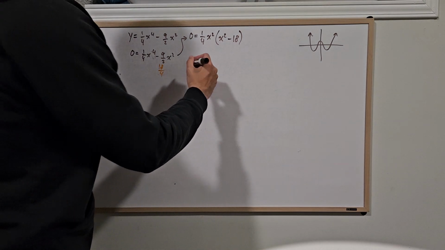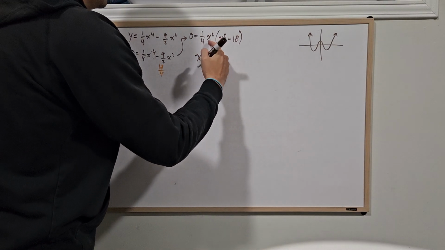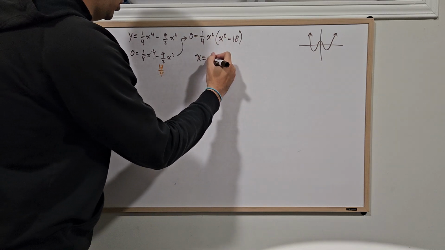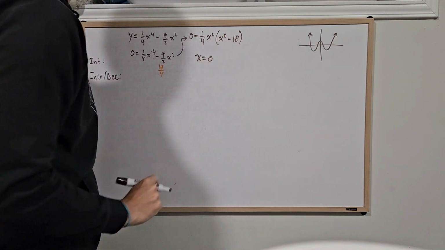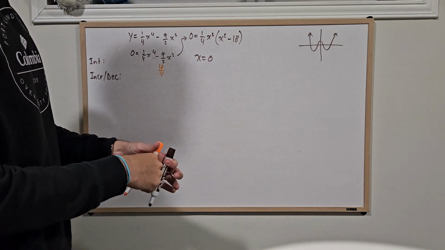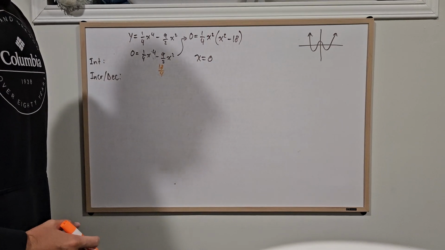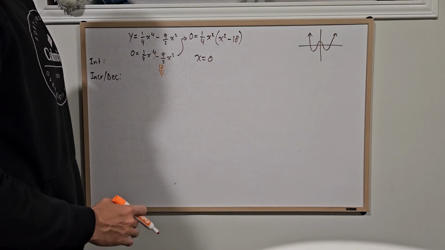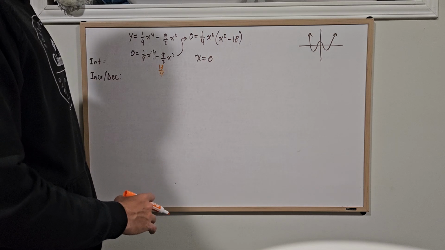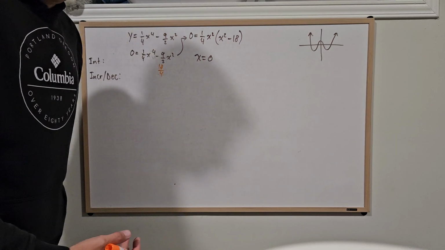Now, we have some zeros that we can clearly see over here. When x is equal to 0, this whole thing is going to be equal to 0, and now we have to try and factor this part over here. It is a difference of squares, but not a very nice difference of squares.